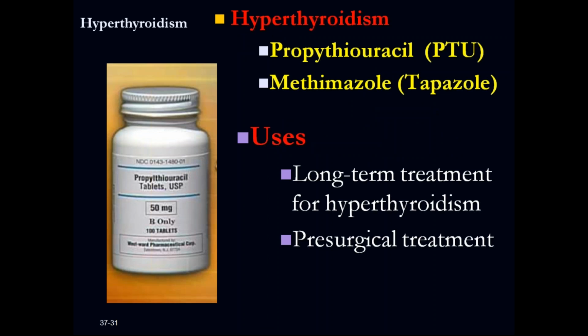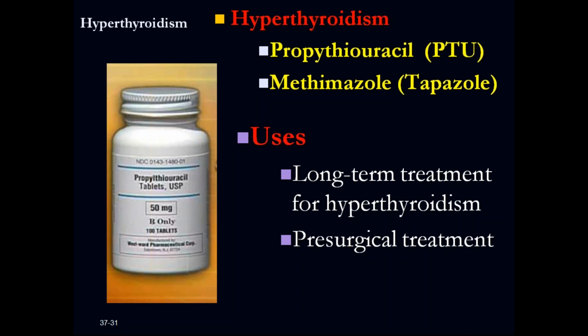So let's talk about hyperthyroidism. We have PTU and methimazole. What they do is decrease or slow down the production of T3 and T4. Hyperthyroidism means too high T3 and T4 in your body.